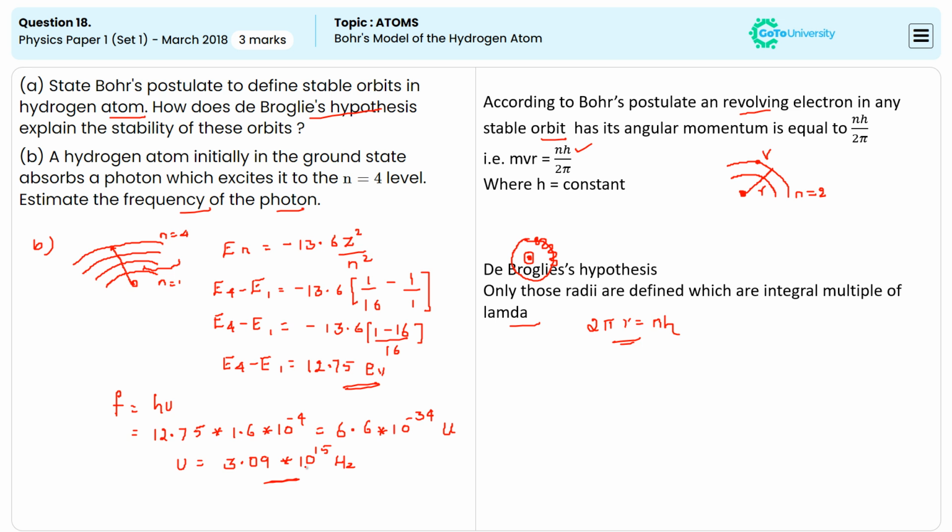This is the frequency of the photon when the electron jumps from n equal to 1 to n equal to 4.